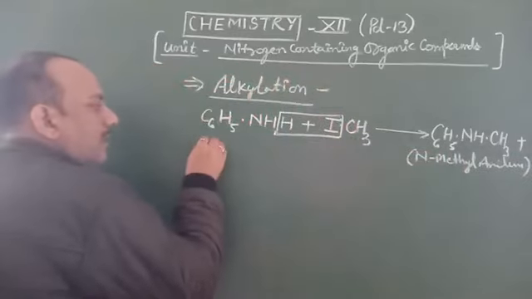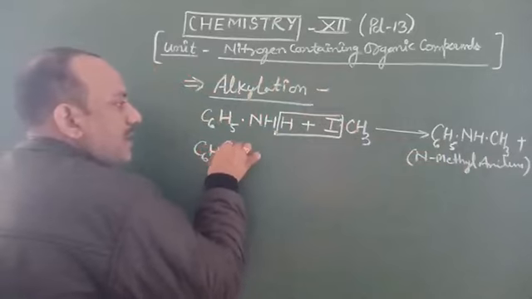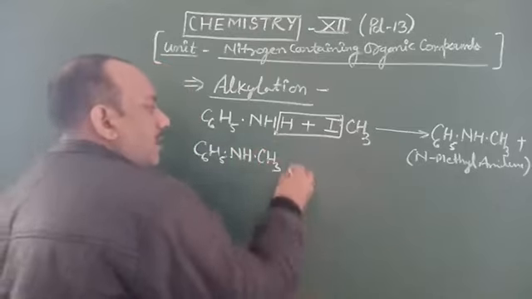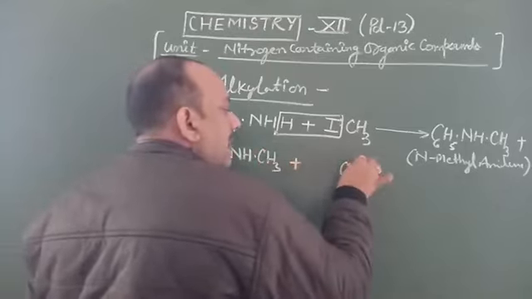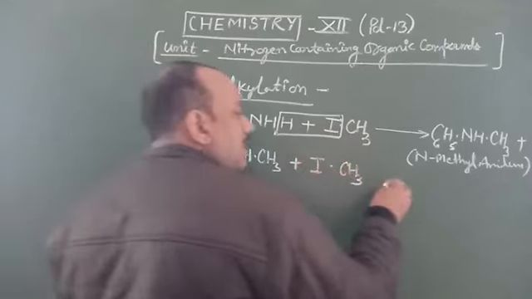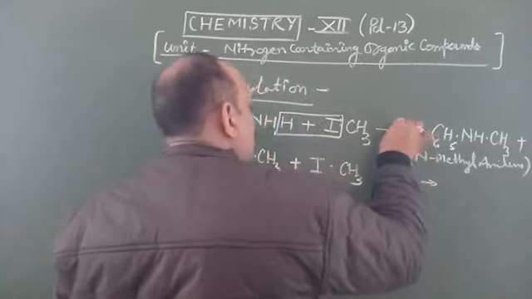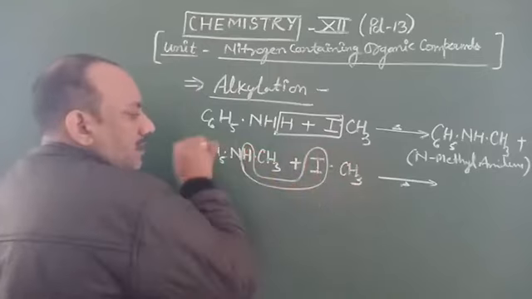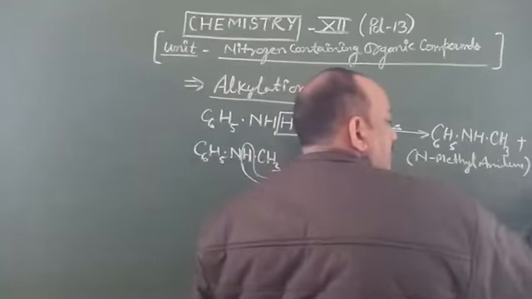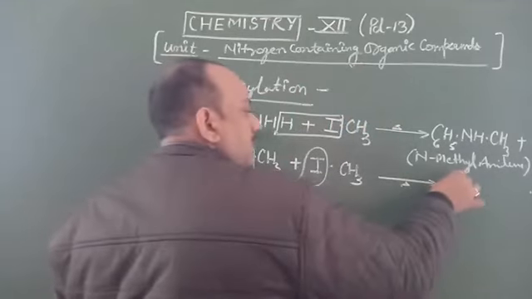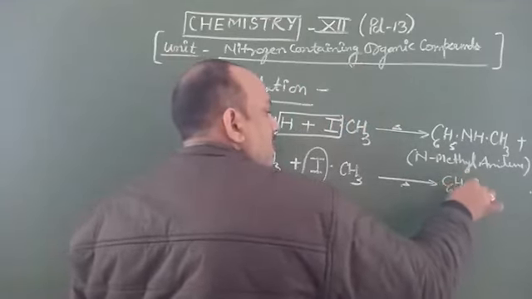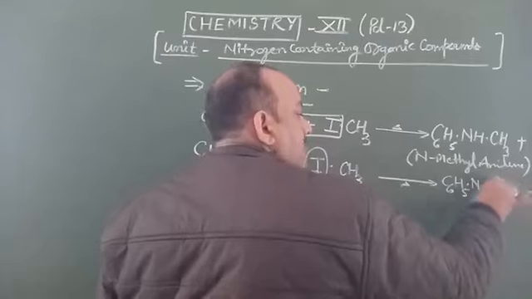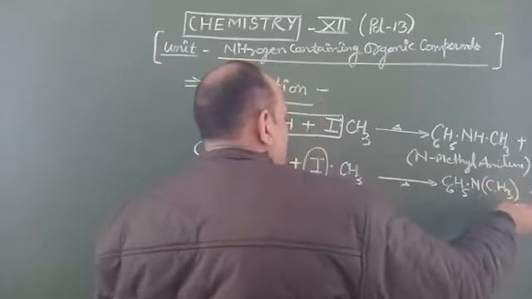When C6H5NHCH3 reacts with methyl iodide, CH3I, then it also subtracts hydrogen iodide, HI, to form C6H5N(CH3)2, with CH3 taken twice.